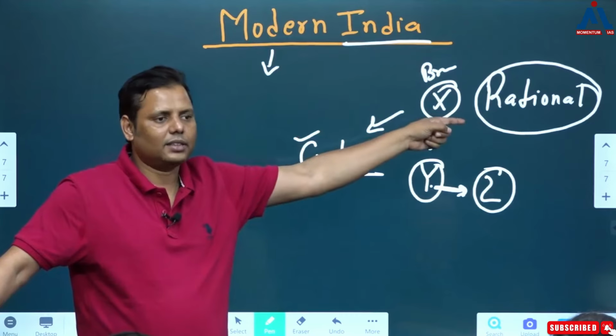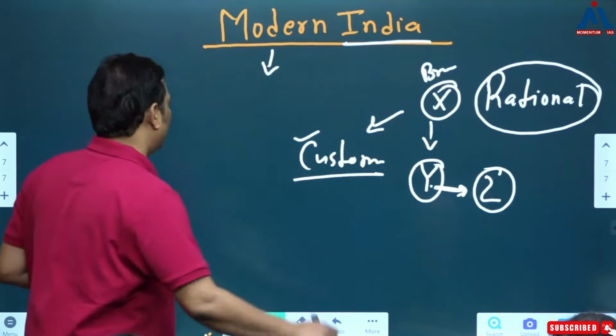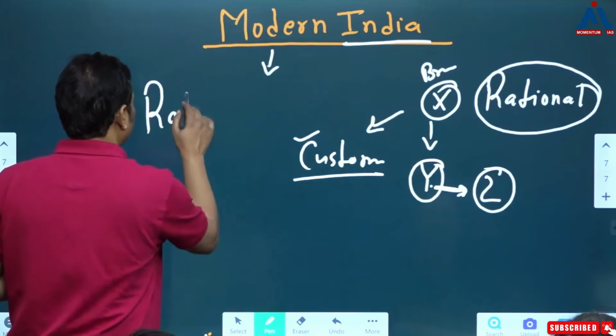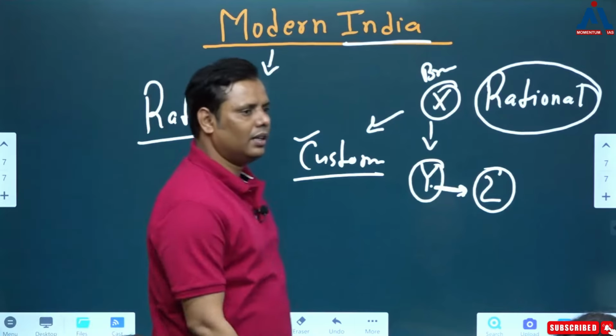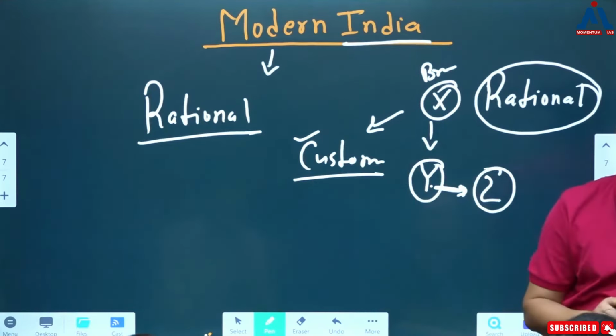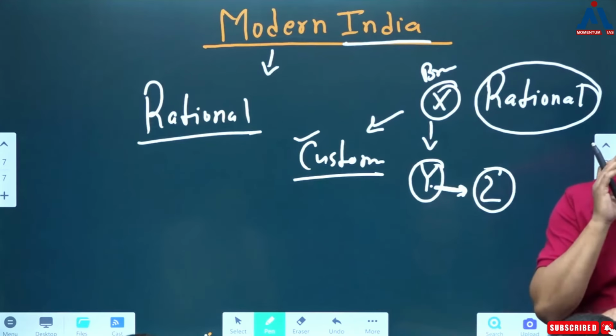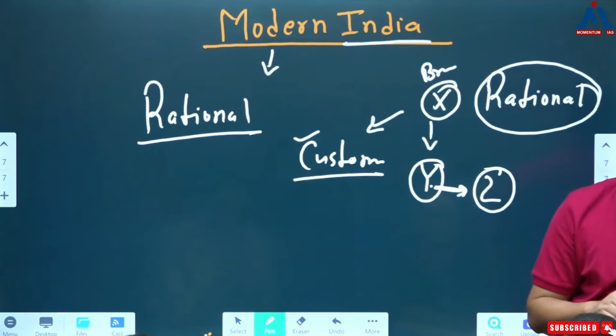It is rationalism. The only term which defines modernity is what? The rational. If any person, by wearing dhoti and kurta and having a tika, from his thinking is a rational person, in that case we can call him a modern person.